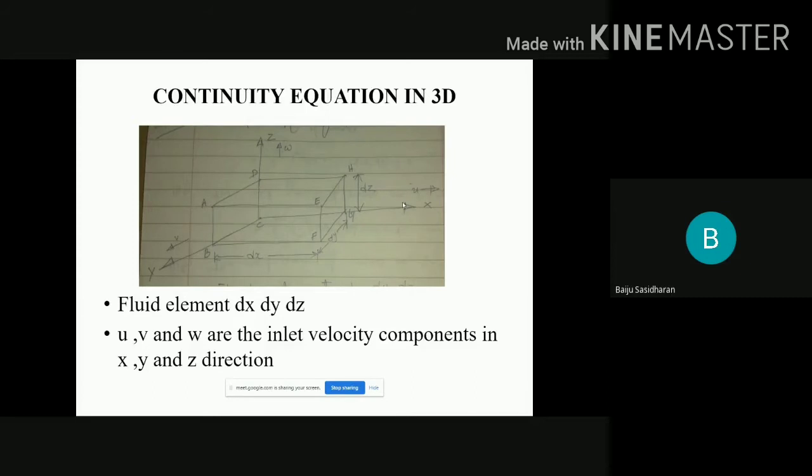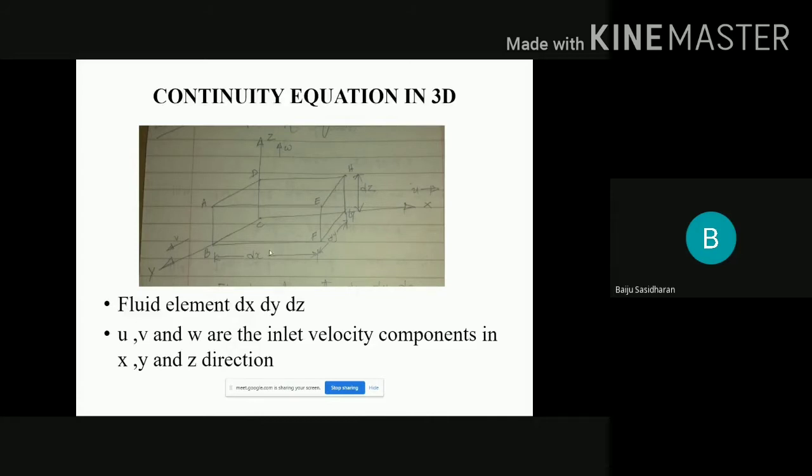Similarly, some amount of flow comes in and goes out along the y direction, and similarly along the z direction. So initially, I am considering the flow entering through A, B, C, D and going out through E, F, G, H.